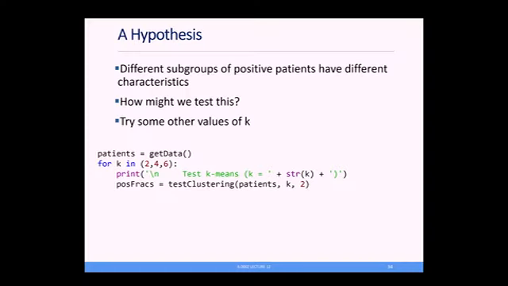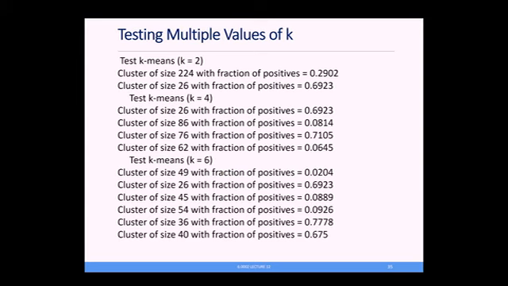So here I said, let's try k equals 2, 4, and 6. And here's what I got when I ran that. So what you'll notice here, as we get to say 4, is that I have 2 clusters, this one and this one, which are heavily enriched with positive patients. 26 as before in the first one, but 76 patients in the third one.